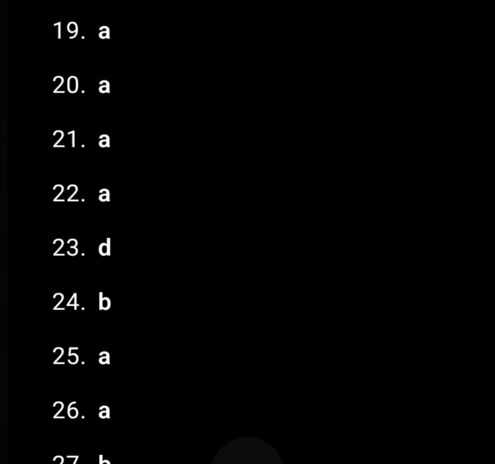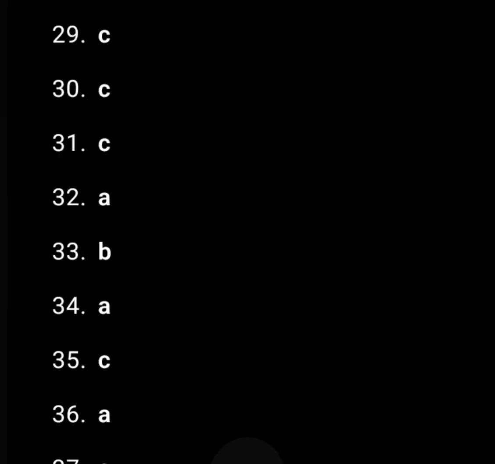A. 20. A. 21. A. 22. A. 23. D. 24. B. 25. A. 26. A. 27. B. 28. A. 29. C. 30. C. 31. C. 32. A. 33. B. 34. A. 35. C. 36. A. 37.